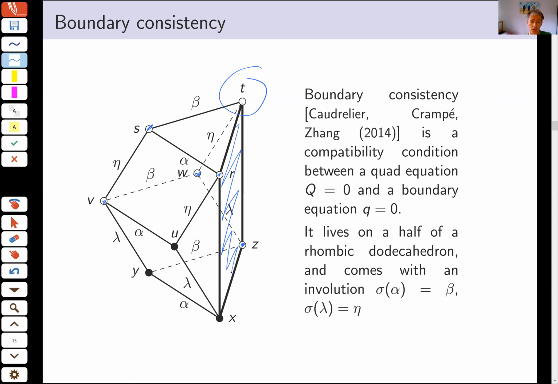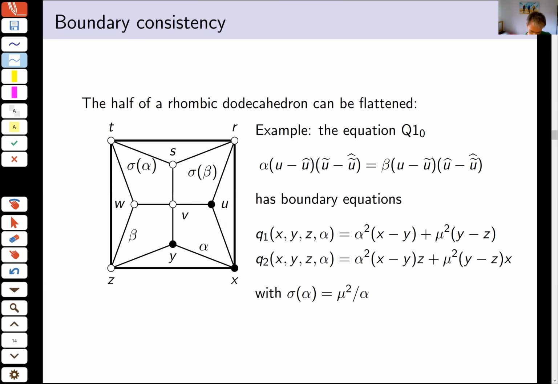So only 3 equations to calculate T, but that's enough. Requiring that all the values are the same, that is a consistency condition. And they claim that that is a good consistency condition. We should take that as a definition of integrability of boundary equations. And that was a very smart idea.